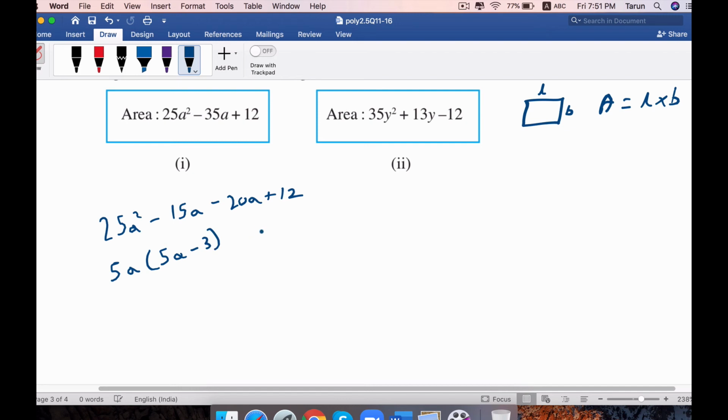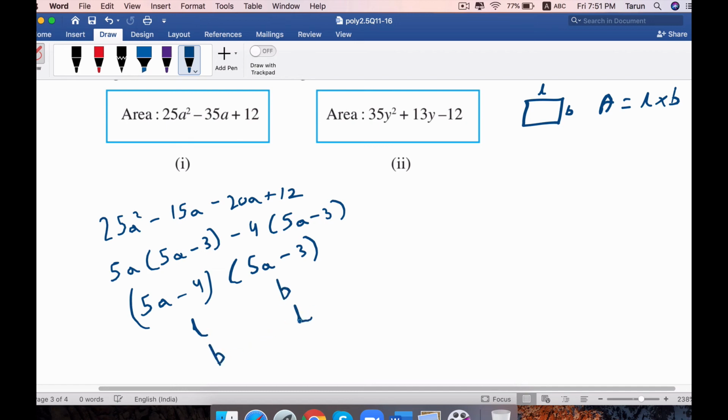Over here, I can take minus 4 as common, so I'm left with 5a minus 3. So I get 5a minus 4 into 5a minus 3. So this can be my length, or this can be the breadth, or the other way around. The order actually doesn't matter.